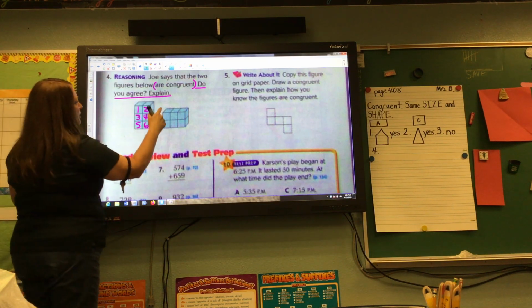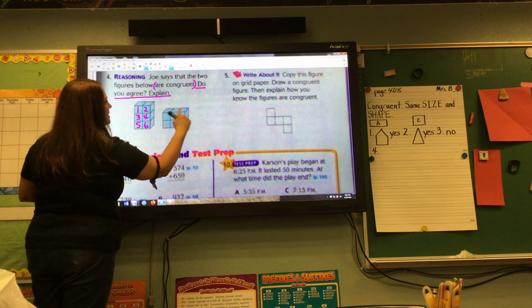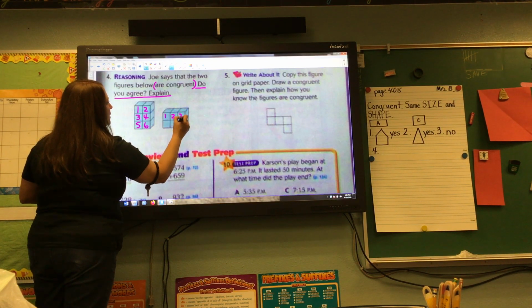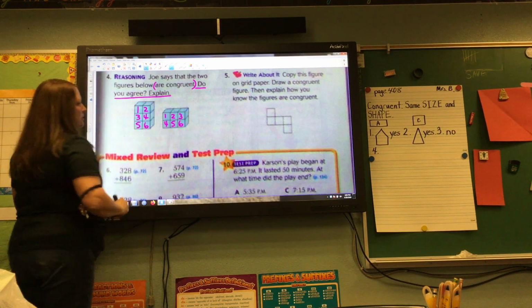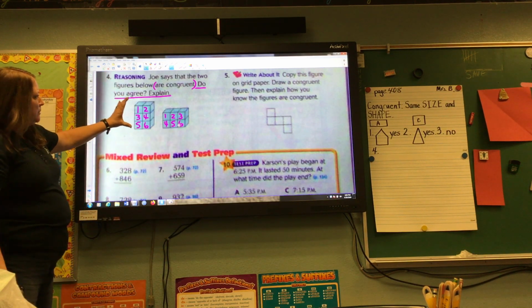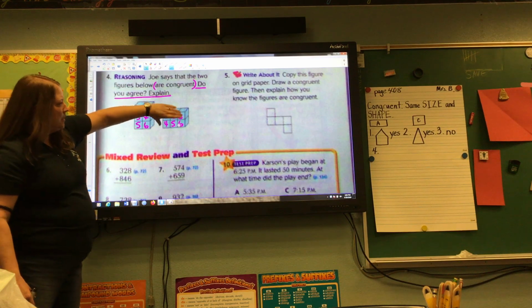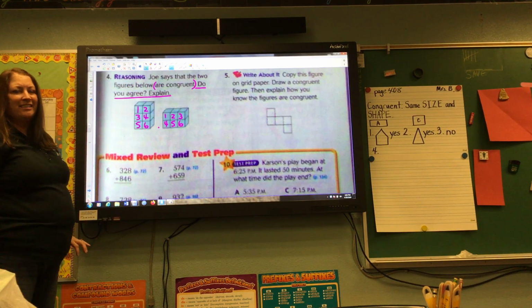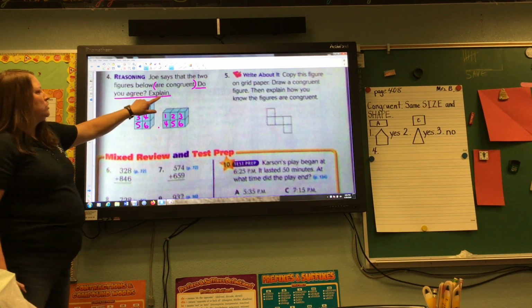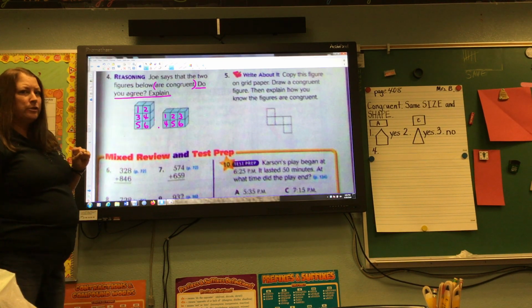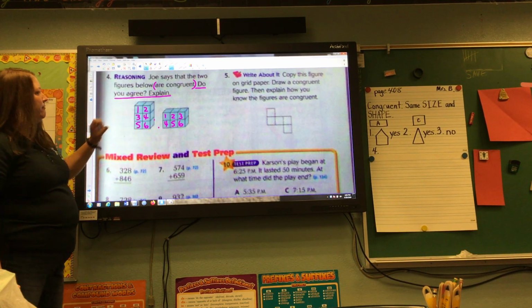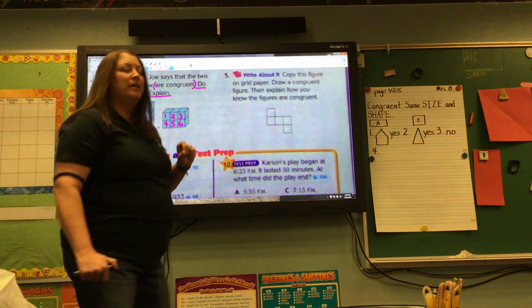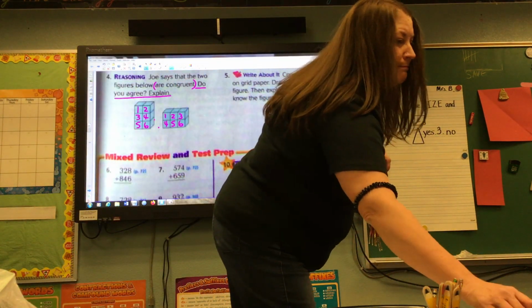And then I come over here and I see tops and sides again, and I count 1, 2, 3, 4, 5, 6 cubes again. It looks to me like if I took this shape and laid it on its side, or took this shape and put it up, they would look exactly the same. So, do you agree? Are they congruent? Yes, if I was to put both of those together, they would be congruent.